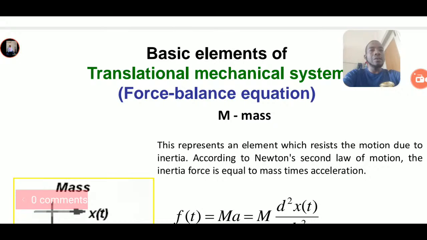According to Newton's second law of motion, the inertia force is equal to the product of mass and acceleration.